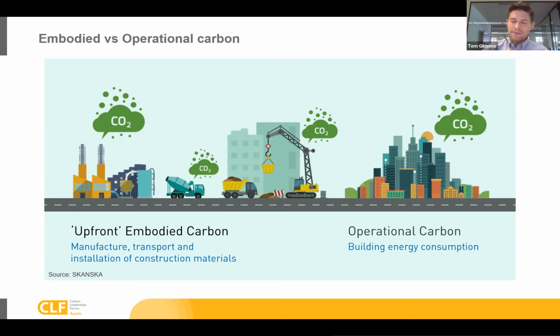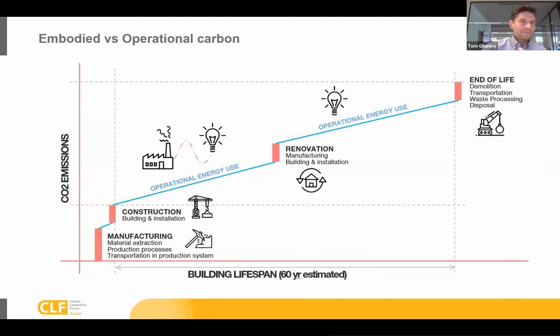Interior runs the gamut of what we talk about on embodied carbon. I made this slide years ago, but I always come back to it: the carbon story of a building. We have our operational energy use over time, but it's the blips in red that we look at, the CO2 output.